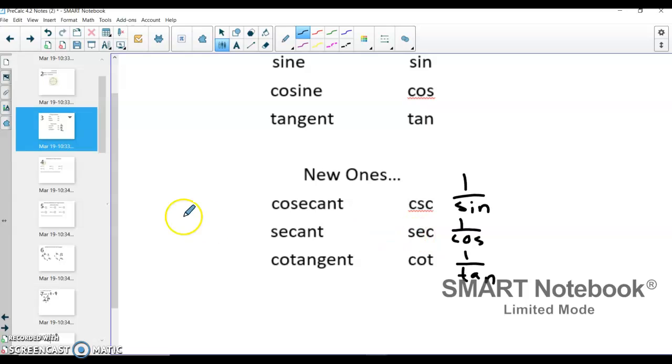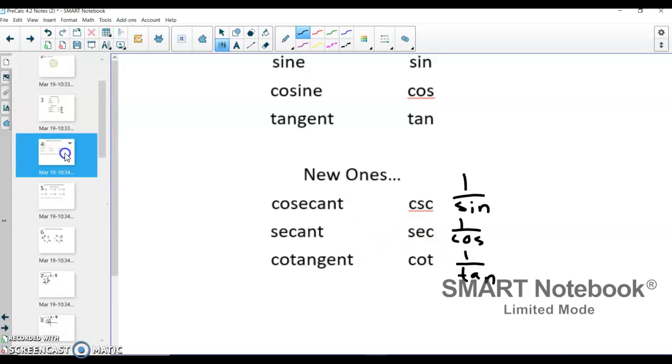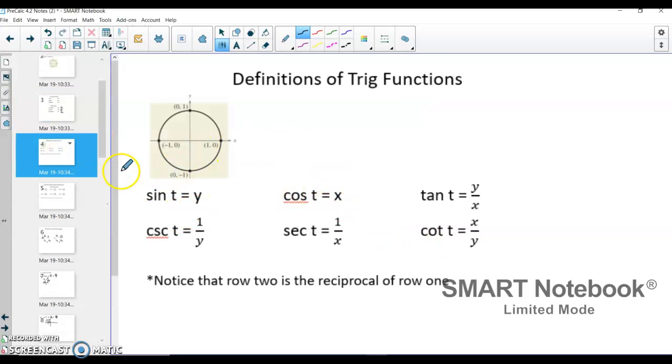The sine of t is the up and down of the unit circle. The cosine is the left and right of the unit circle, and the tangent is kind of the rate of change, the y over x of the unit circle. And you can see that cosecant is sine flipped, secant is cosine flipped, and cotangent is tangent flipped.